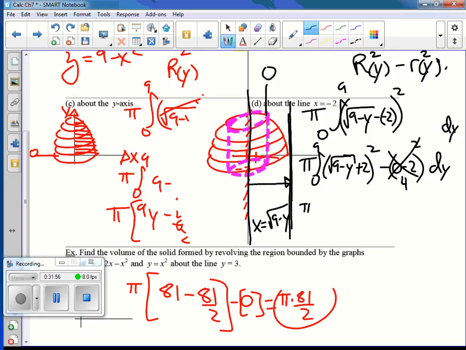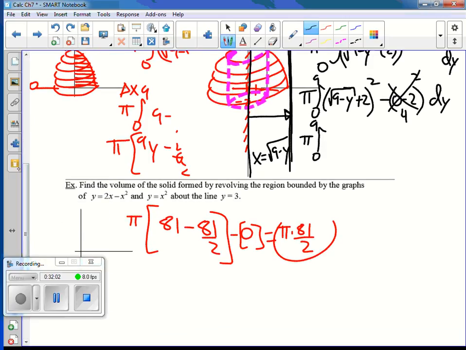And then let's go ahead and start doing the math. So when you FOIL this and do the math, you're going to get 9 minus y, plus that 2 squared, that's 4. And then you're going to get plus 2 times a times b, which is 4 square root of 9 minus y. And then, of course, we have our little minus 4 right here. Okay?